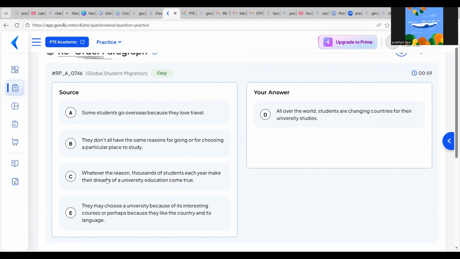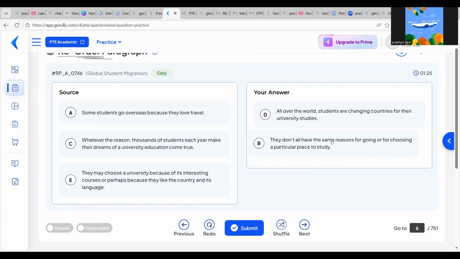We should read these two. Whatever the reason, so reason and reason. So here, for choosing a particular place to study, they may choose a university because of interesting courses, or perhaps because they like the country and its language. So this one is the second.